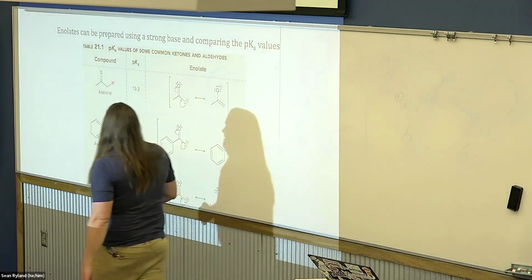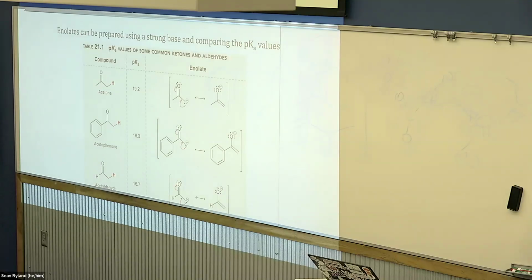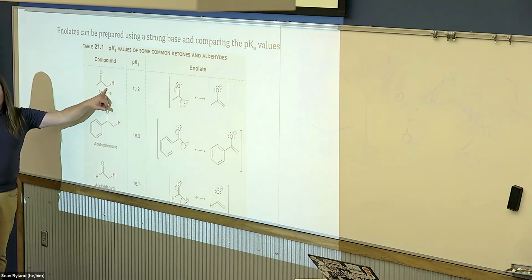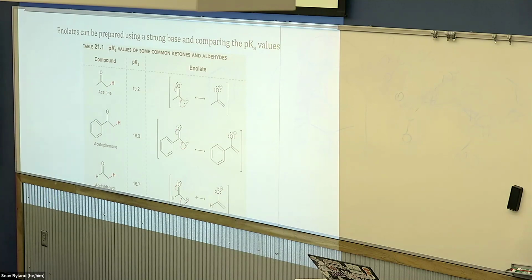So if we wanna actually make these, we can look at the pKa values. Basically all we need to make these enolates is a strong enough base that it can pull the hydrogen off of the alpha carbon. Depending on the actual conditions of the alpha carbon, that changes what base we could use.